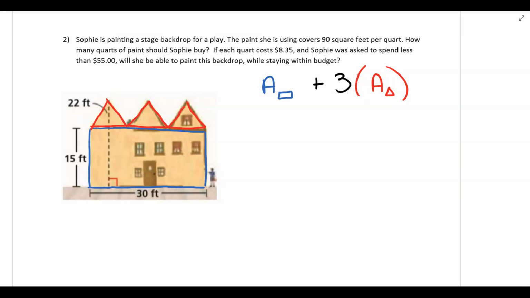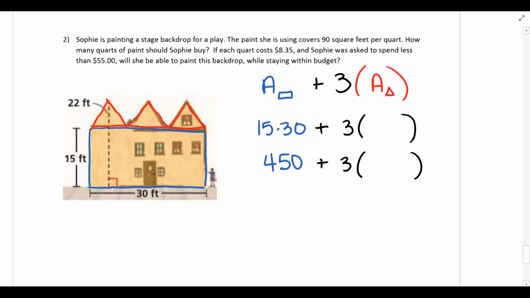Okay, so the area of the rectangle is base times height. I have 15 times 30, so that alone gives an area of 450 feet squared. Now plus 3 triangles that have an area that's base times height divided by 2.